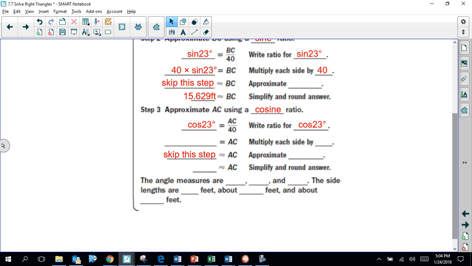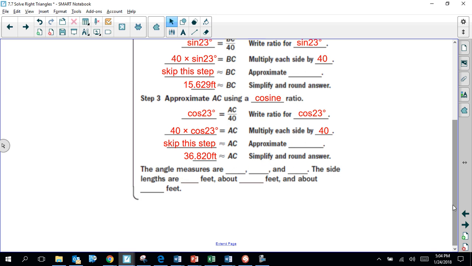Multiply both sides by 40 again to get it out of the denominator. And 40 times the cosine of 23 on your calculator gives you 36.8 feet. But again, for AP purposes, we round to 3 decimal places. So now we know the measurements of the 3 angles and the 3 sides, and we have solved the triangle because we know all 3 angles and all 3 sides.